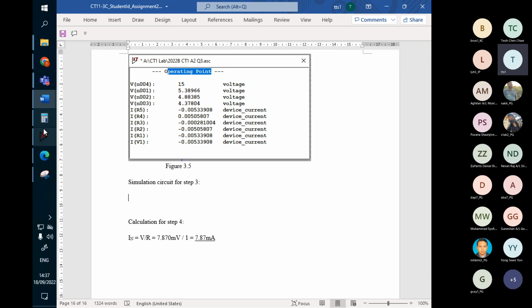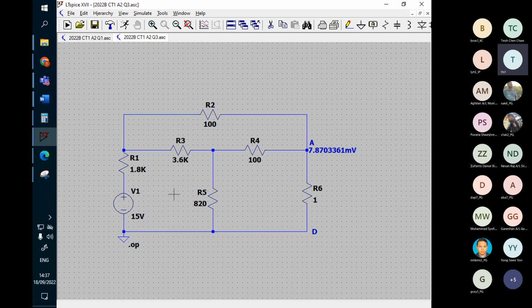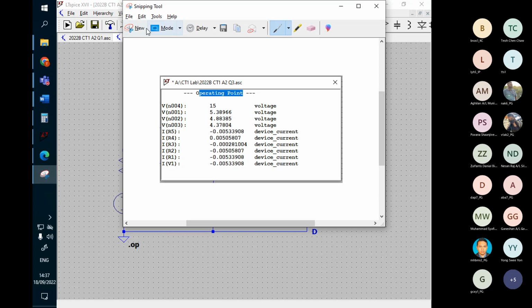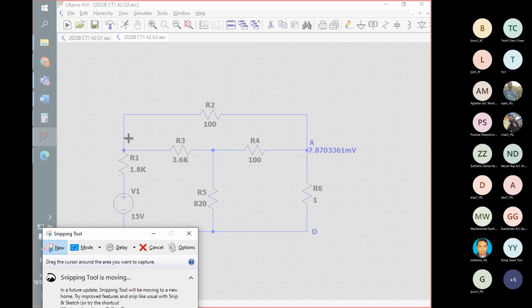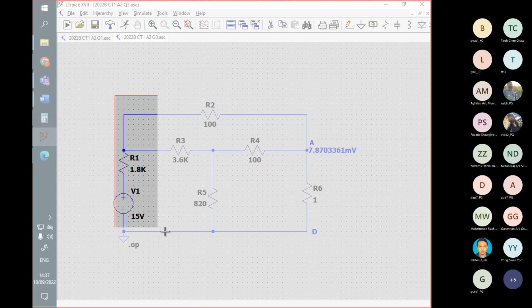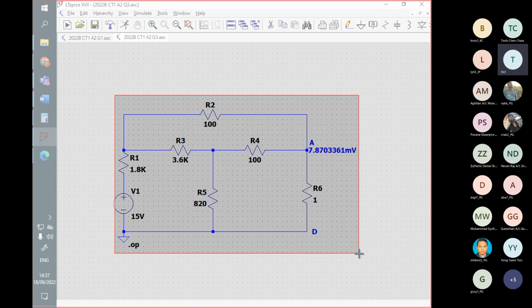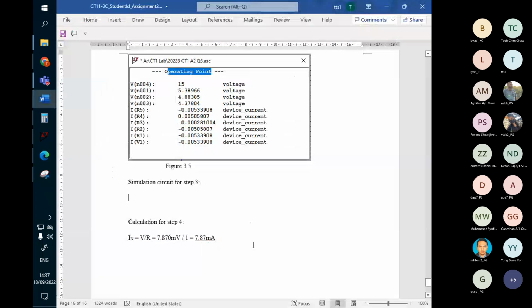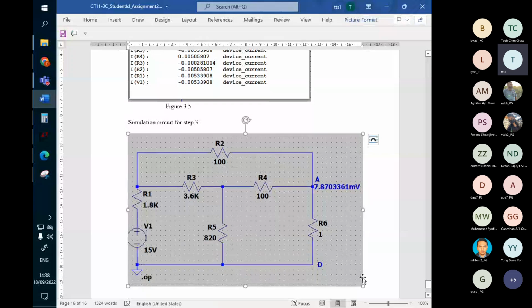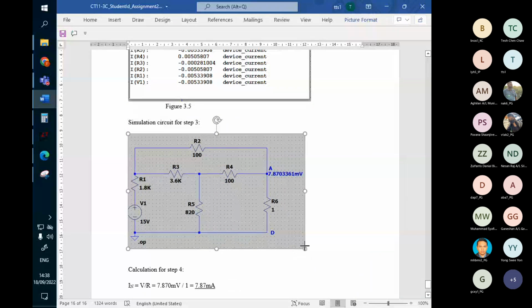Okay, let's import this one. Import it here and resize it. All right, guys, because anything divided by 1, you get the same number, right? Everything divided by 1 is the same thing.